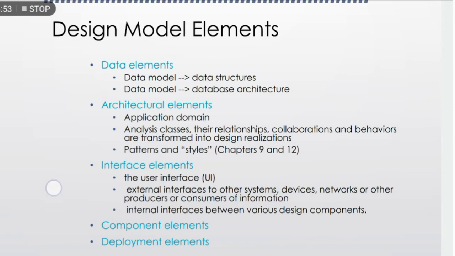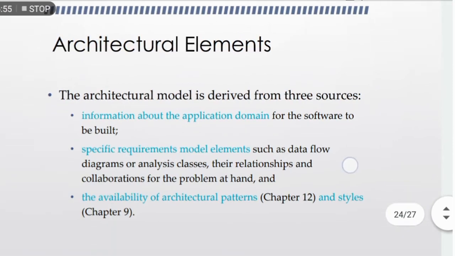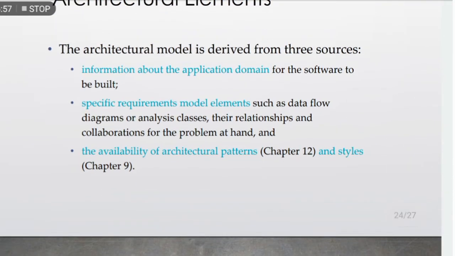Next one is the architecture element. We will see what the architecture element is. The architectural model is derived from three sources: the information about the application domain for the software to be built, that is, in what domain you are going to build your application.